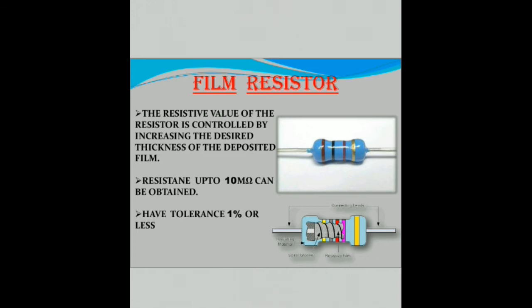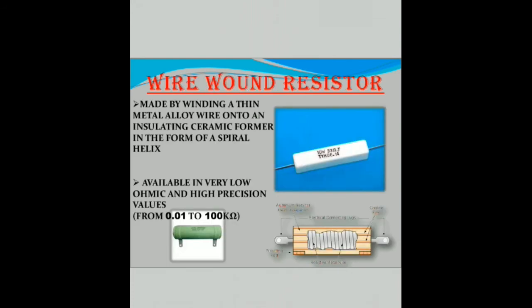Resistance up to 10 mega ohm can be obtained. This film resistor gives a maximum resistance of up to 10 mega ohm, and the tolerance limit is very low, that is 1%. It means it is a very accurate resistor. It will always give accurate resistance.